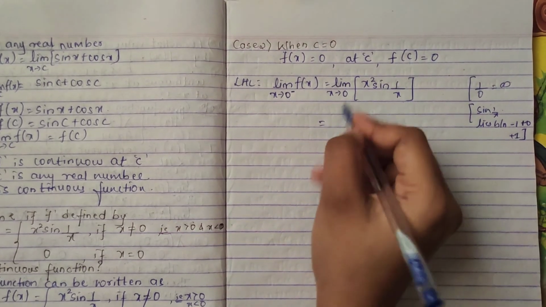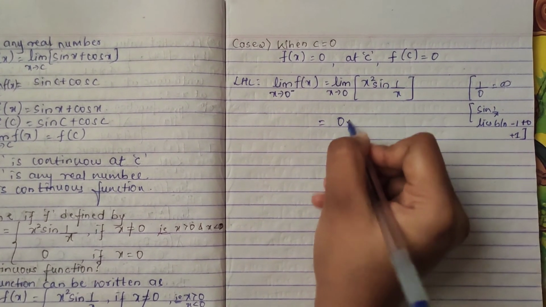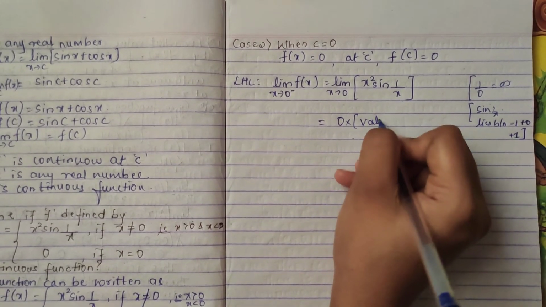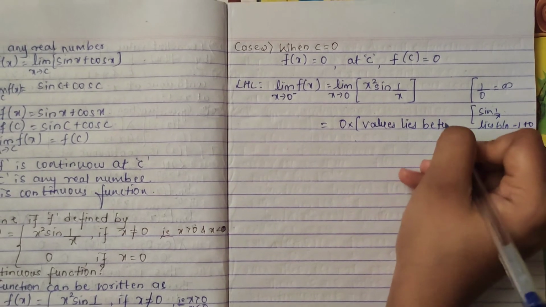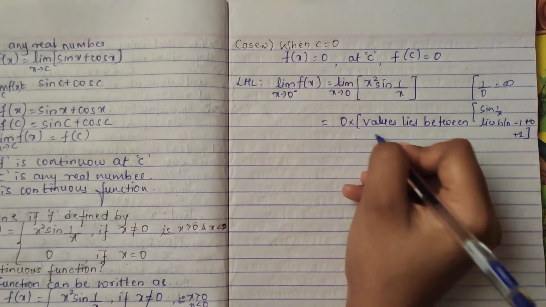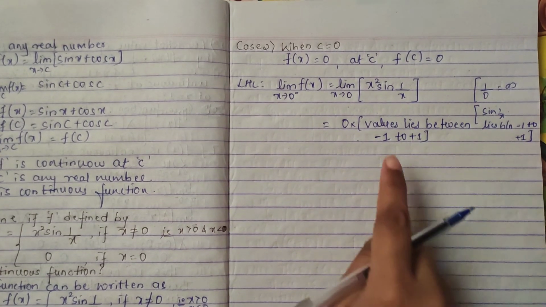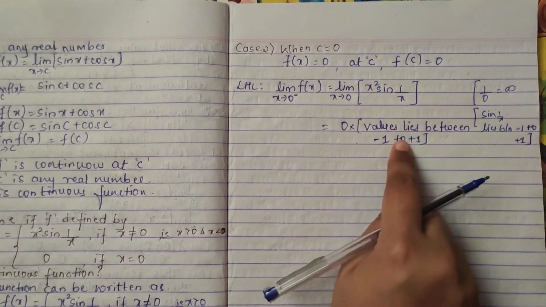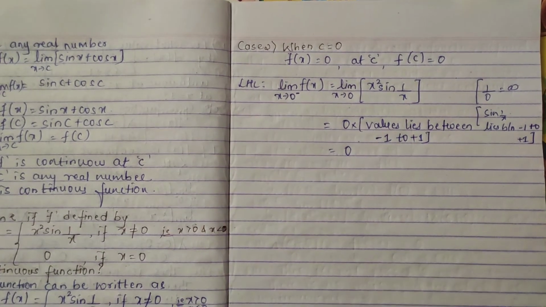So, here 0 into this, the limit as x tends to 0 is 0 only, since sine 1 by x values lie between minus 1 to plus 1. Okay. So, even if it is infinity, 0 into infinity will be what? It is 0 itself.